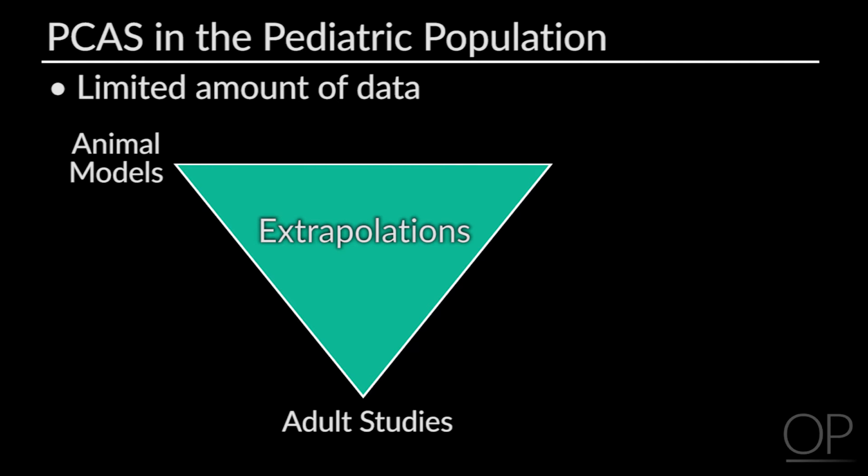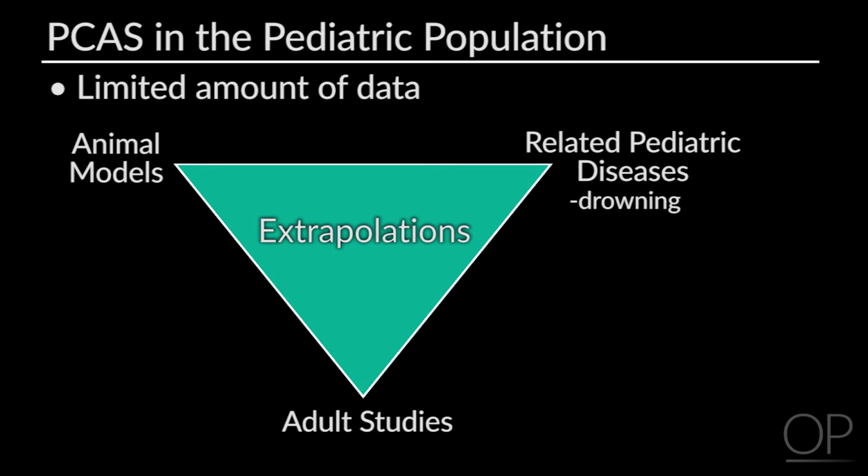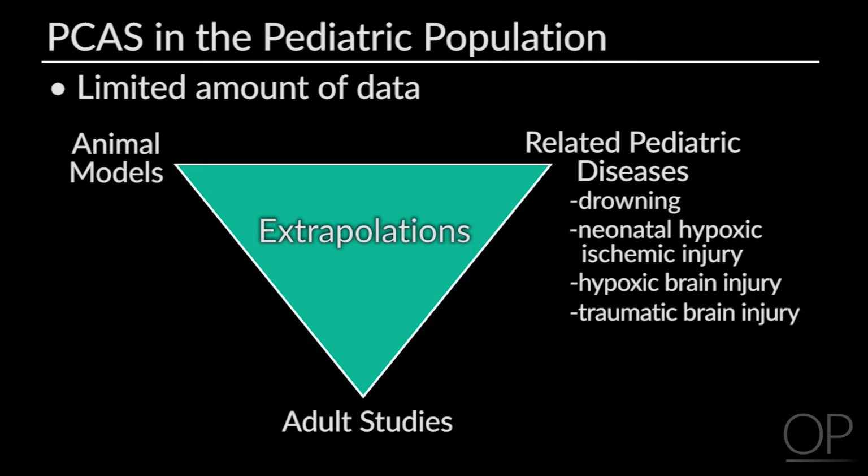And then when it comes to specifically pediatric studies, we're left with having to extrapolate from disease states that may involve cardiac arrest but may not. So basically the literature that we have extrapolated from includes submersion injury or drowning, neonatal hypoxic ischemic injury, hypoxic brain injury, traumatic brain injury, and also the physiology and pathophysiology of infants and children after cardiopulmonary bypass, specifically when they are having corrective heart surgery.